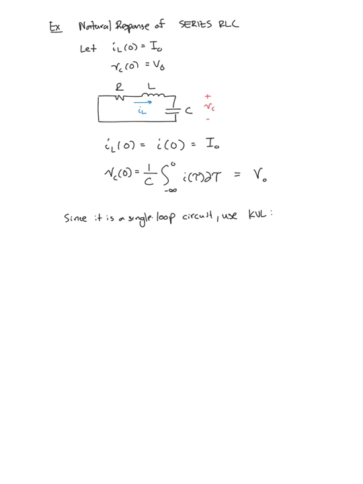So first we're going to follow the way I've drawn the current. I'm going to walk around clockwise and first describe the voltage across the resistor, VR, which is given by the current times the resistance. So it's just IR.